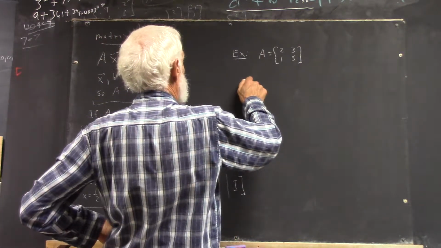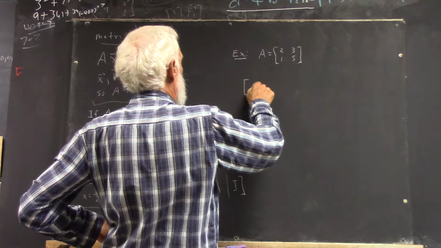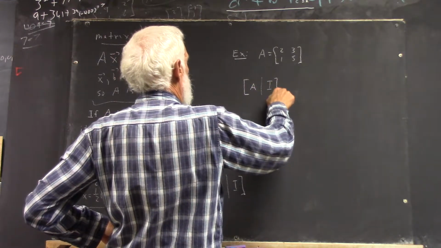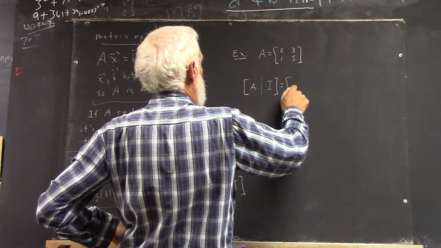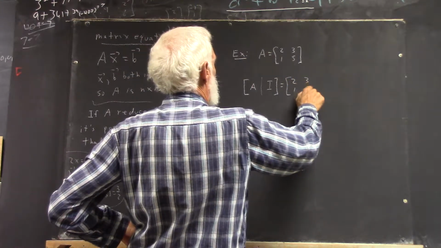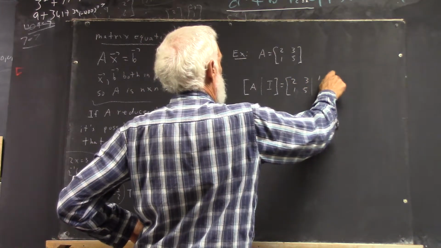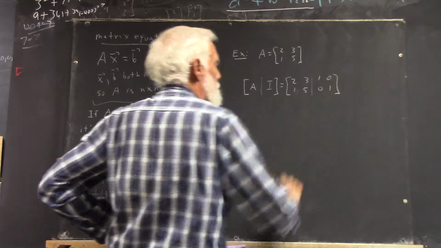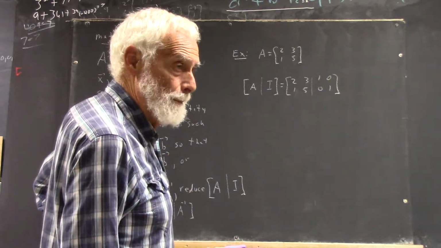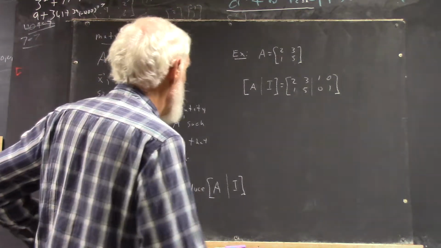So, it's just an augmented matrix, but you're augmenting A by the entire identity matrix. Well, okay.